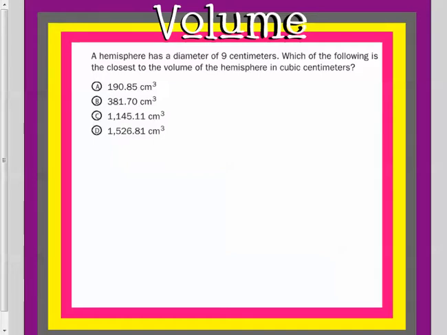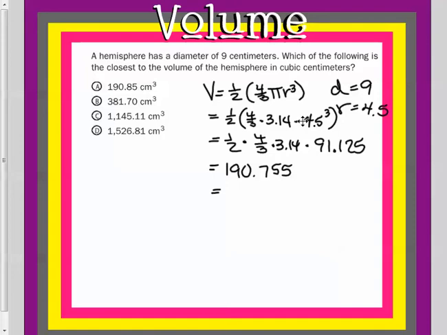Okay, so here we go. The formula is 1/2 of our actual sphere's formula, 4/3 pi r cubed. So if they give me the diameter is 9, the radius is 4.5. So we first have to cube it. So when I plug in my numbers, I get 190 and 755 thousandths.